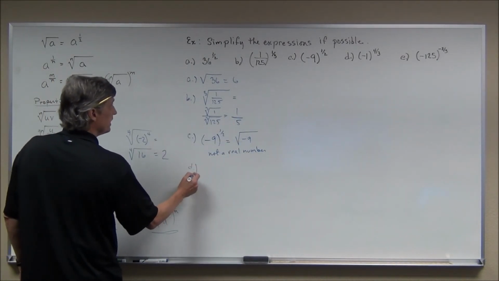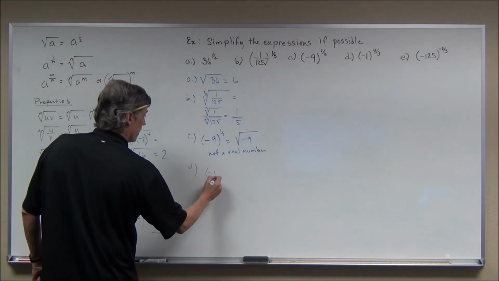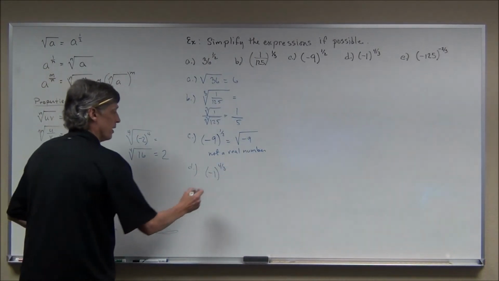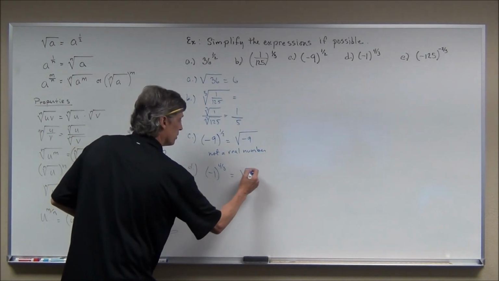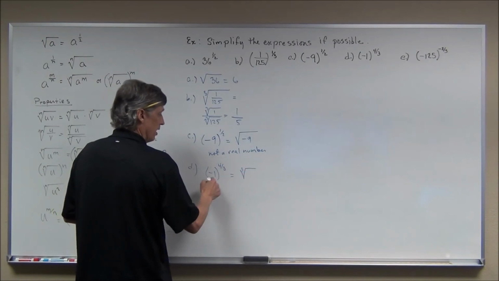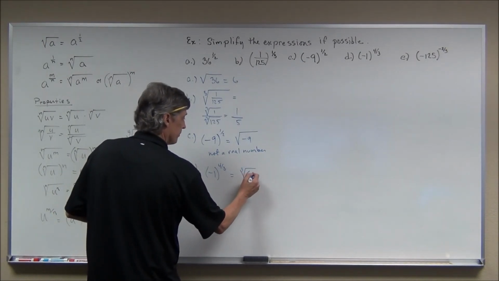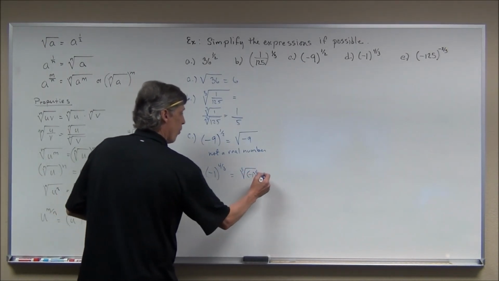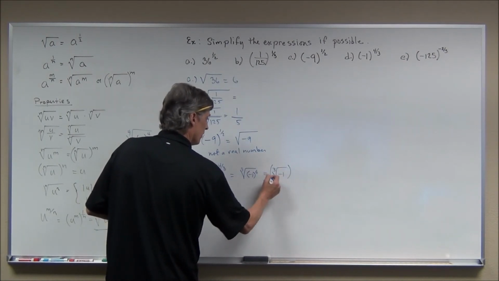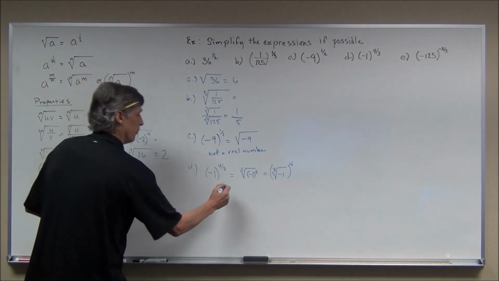For D here, I have negative 1 to the 4/3. I can approach this either way. I can write this as the cube root, that's the denominator, is the index, of negative 1 to the 4th power, or I can write this as the cube root of negative 1, all that to the 4th power. It's going to work either way.